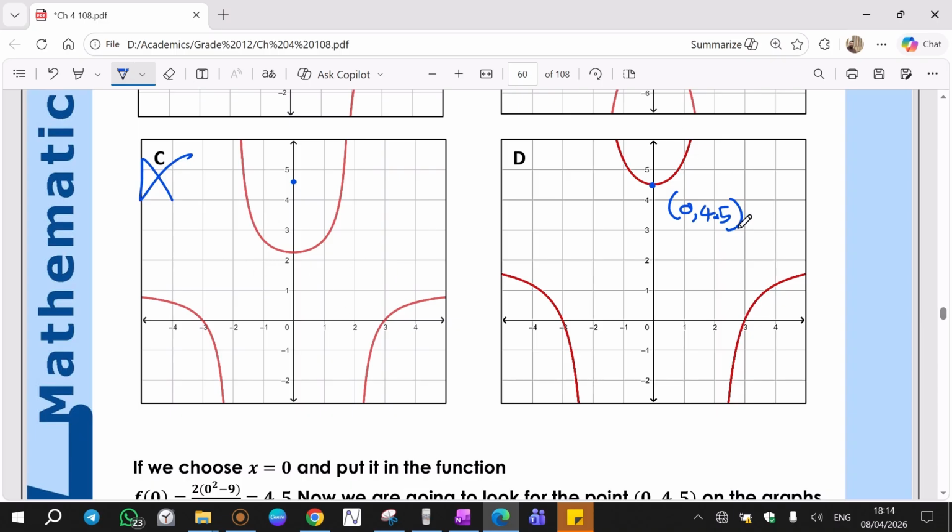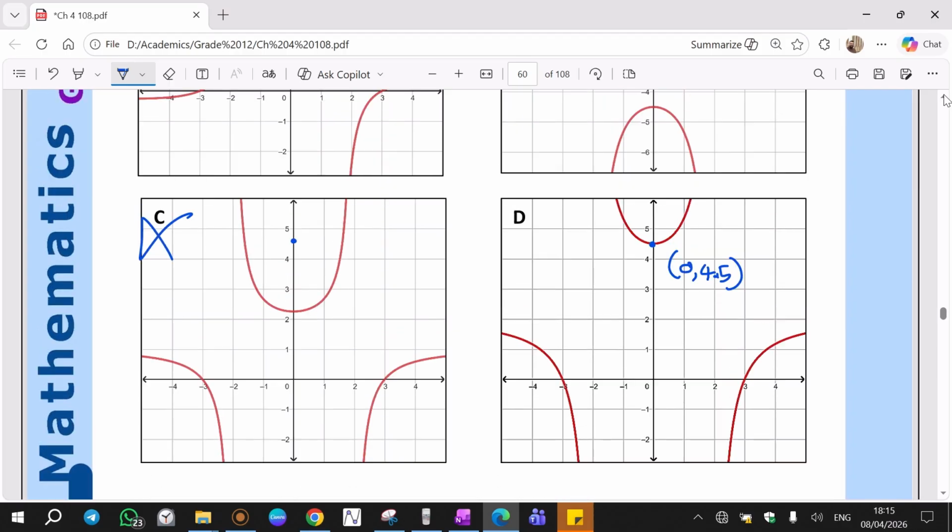Now I have option A and D left. This time I need to choose another value like 1, 3, 4, the negatives, these are all good values for point plotting.